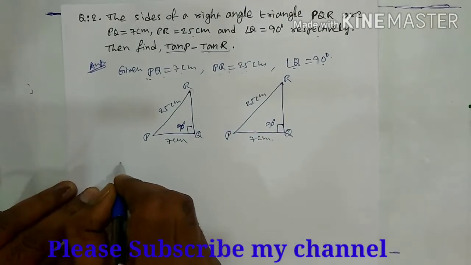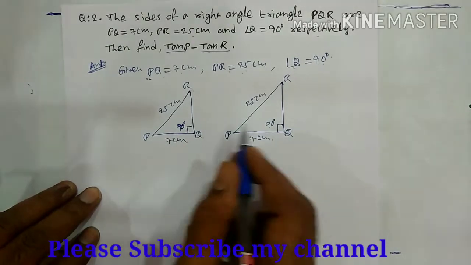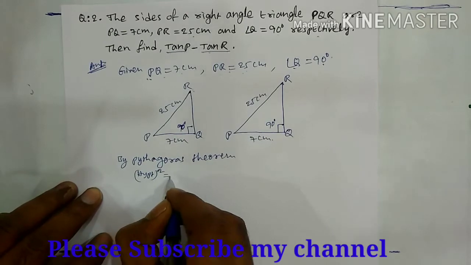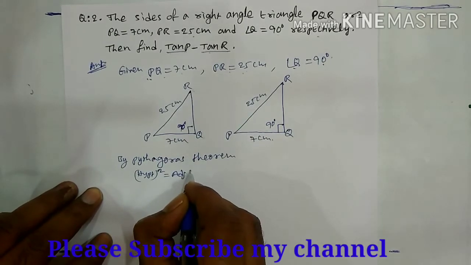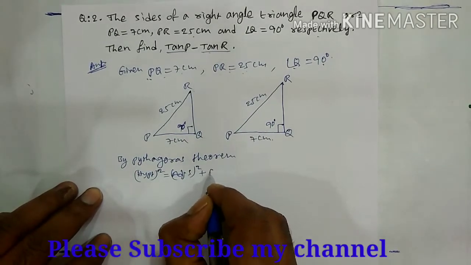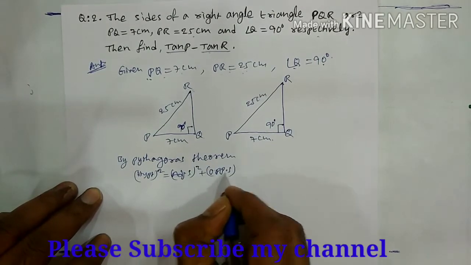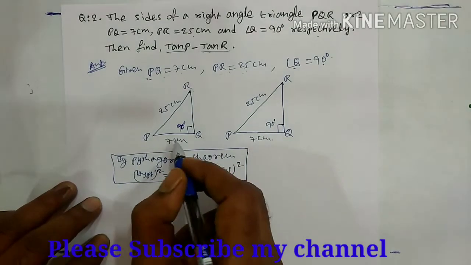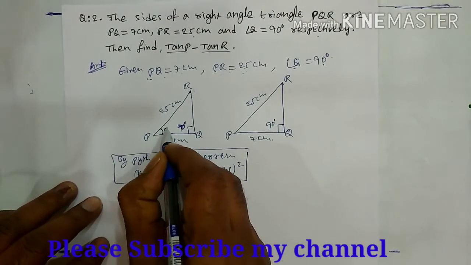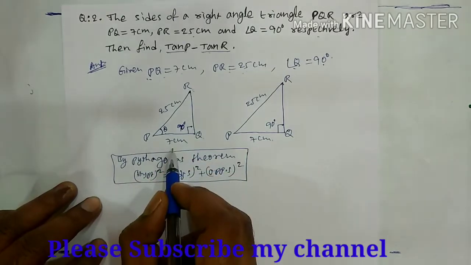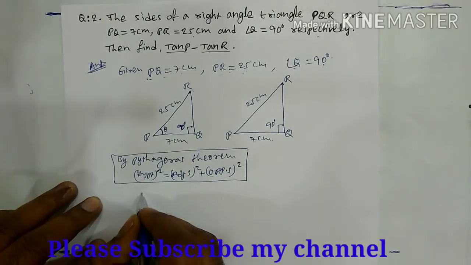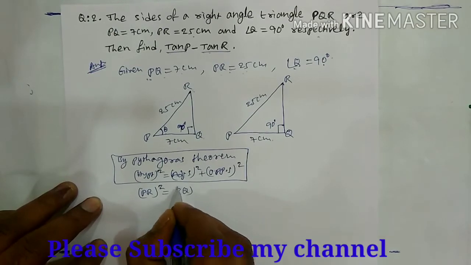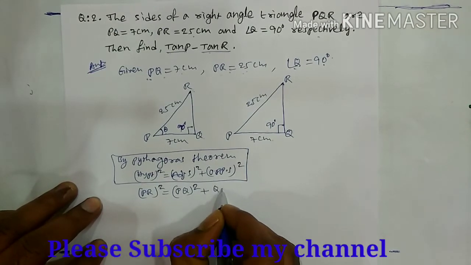So by Pythagoras theorem, you take any one triangle, hypotenuse square is equal to adjacent side square plus opposite side square. So here this is the angle with respect to P. So hypotenuse is PR, PR square is equal to PQ square plus QR square.